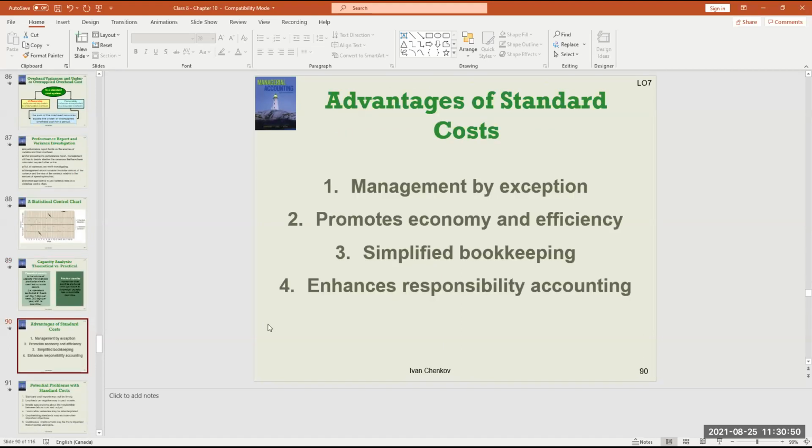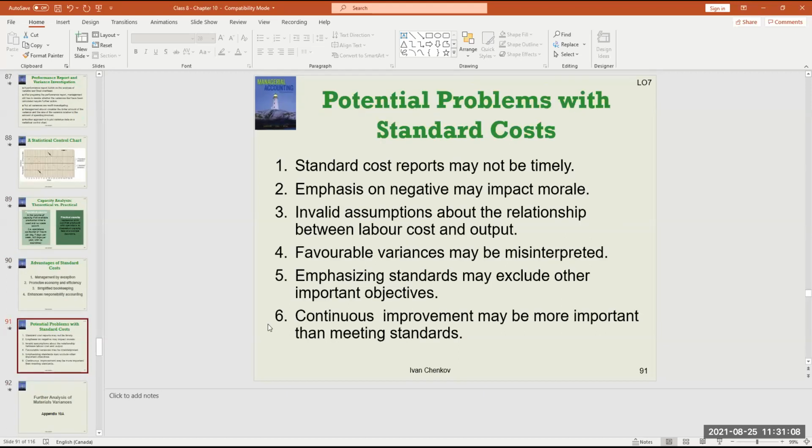What are the advantages of the standard cost? When we're applying the standard cost, management is perfect and it promotes economy and efficiency. It simplifies the bookkeeping and enhances responsibility accounting. What's the potential problem when you go with the standards?